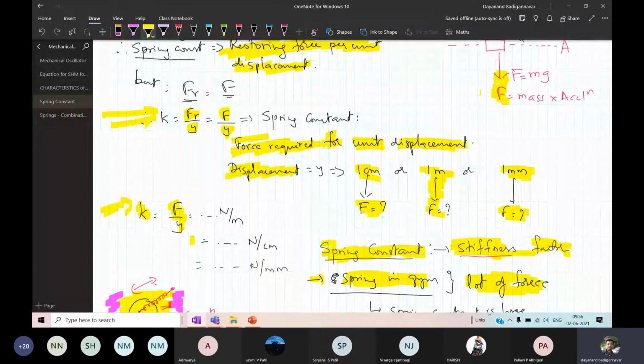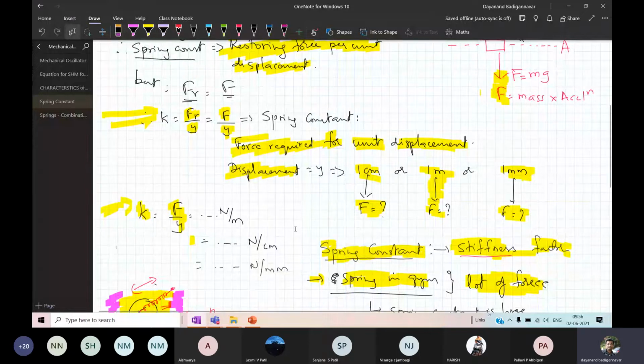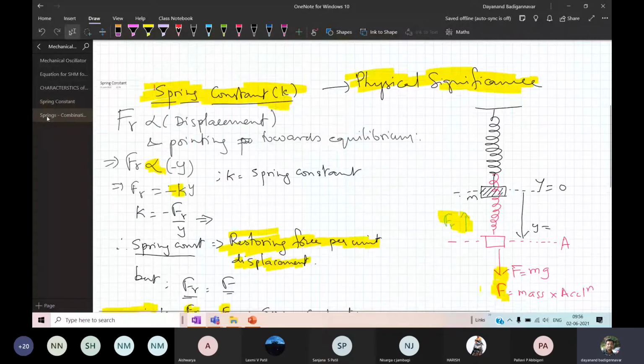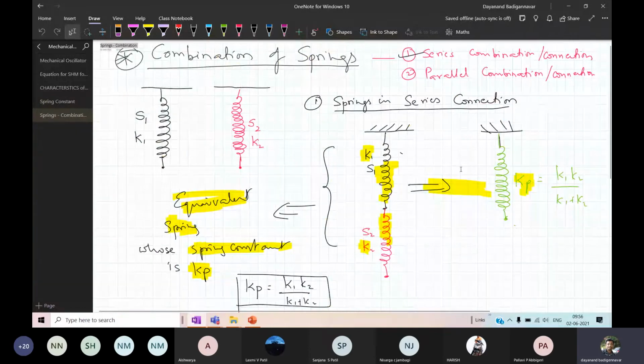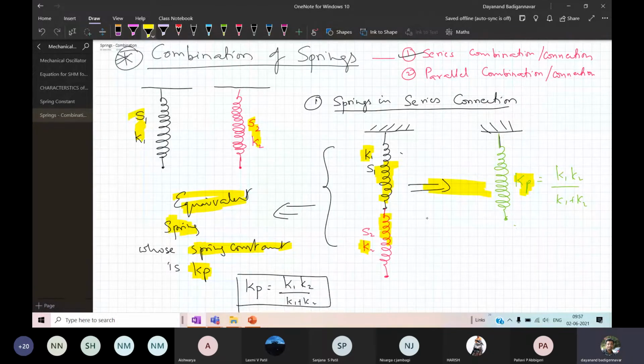And we have also introduced the connection of springs. When we connect two springs S1 and S2 in series, I told you that it can be replaced with a single spring whose value is K1 K2 divided by K1 plus K2.